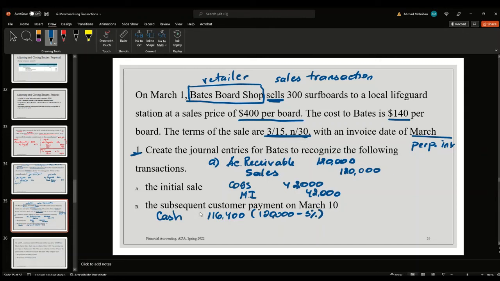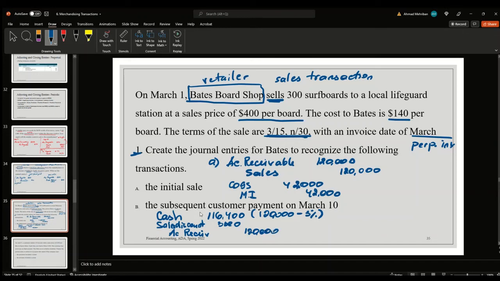For Bates, this is a sales discount situation, so sales discount is going to be debited $3,600, the difference between the full payment and the discounted payment. And our accounts receivable, meaning the Bates accounts receivable, is going to go down the full amount, 120,000.